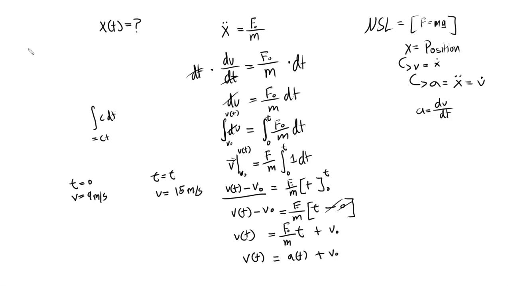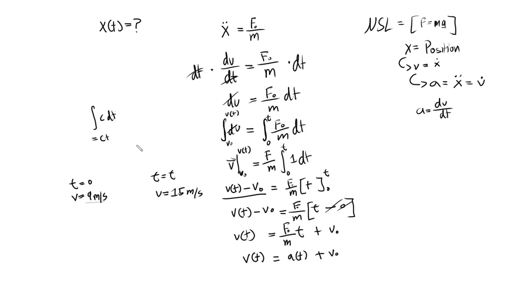Is the total velocity, let me make this a little cleaner. Now the total velocity for the system is not 15 meters per second. You have to account for the initial velocity. This is the accelerated velocity, right?